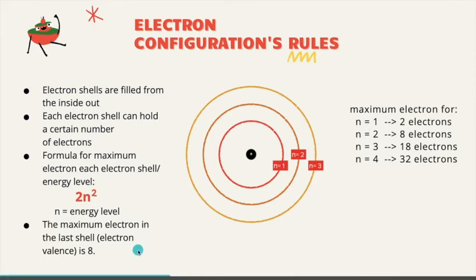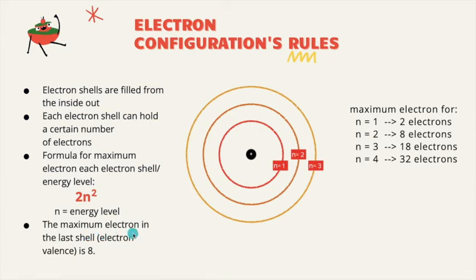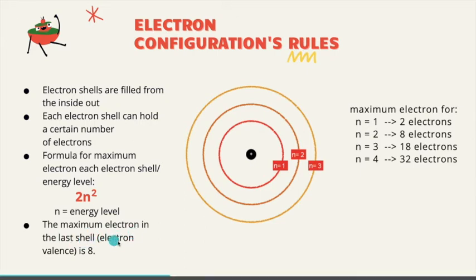And the last rule is that the maximum number of electrons in the last shell, which we call the valence electrons, is only 8.